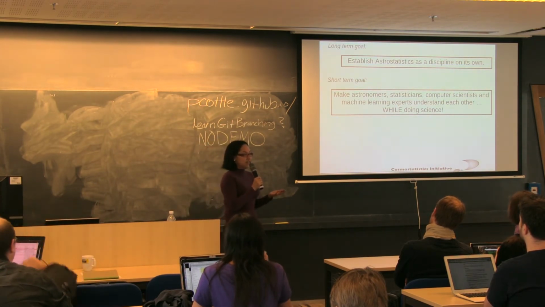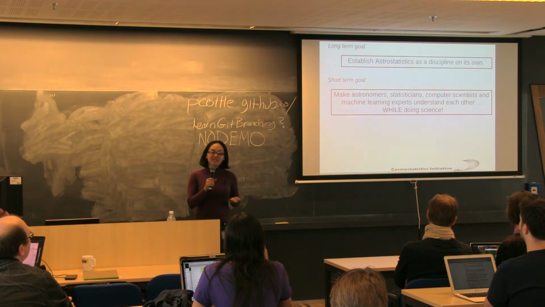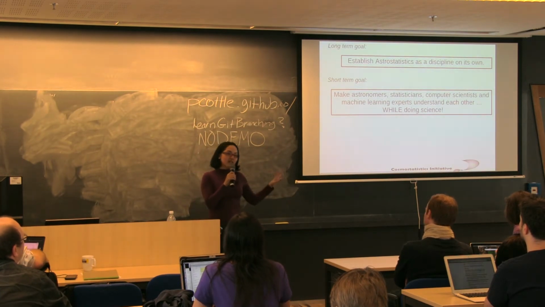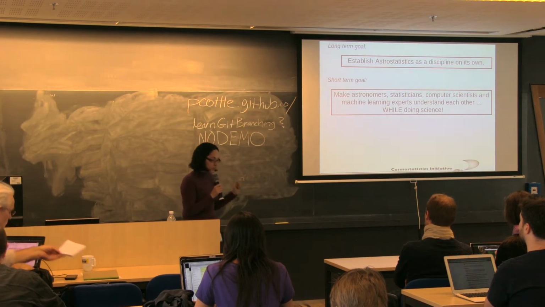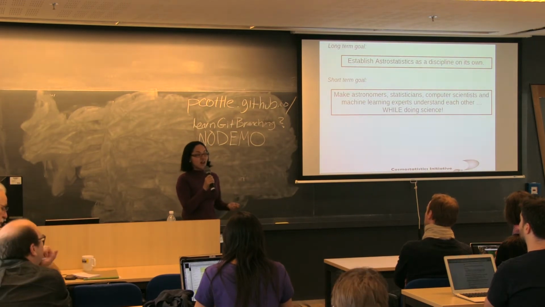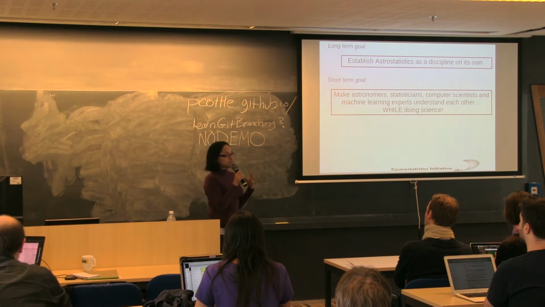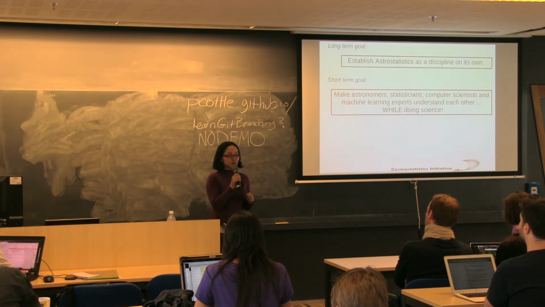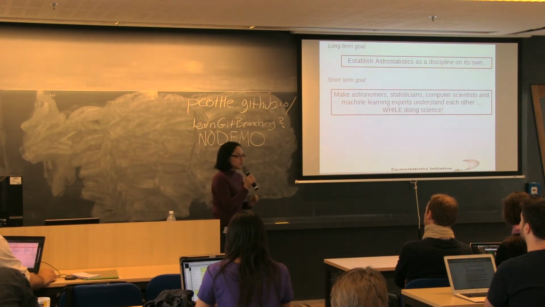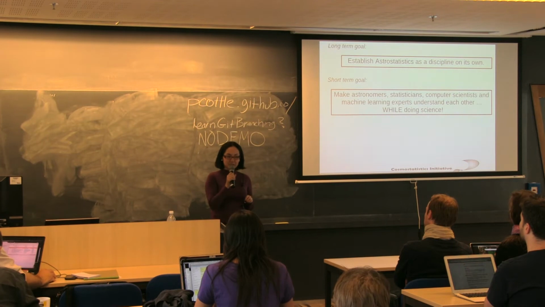And the very important thing, they have to do that while they are making science. Our main core of members are postdocs, and our goal is to make them feel that they're learning something, and at the same time make sure they don't feel like they're losing time. Because if you're a postdoc and you need a job, and you're not writing a paper, you're probably going to feel that you are losing time.